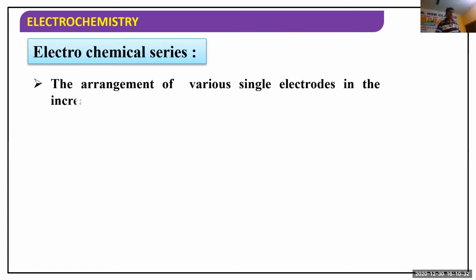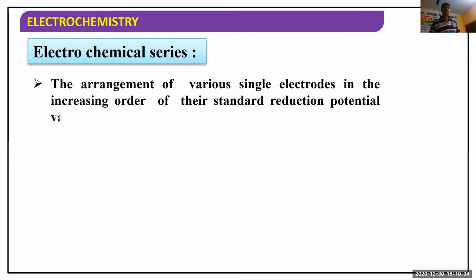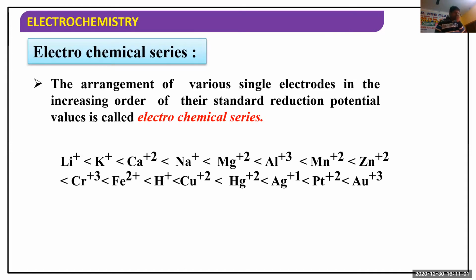In the electrochemical series, in the upper position remain lithium, potassium, calcium, then sodium, and below hydrogen there are copper, silver, gold, mercury, platinum, etc. So this is the order of the electrochemical series.